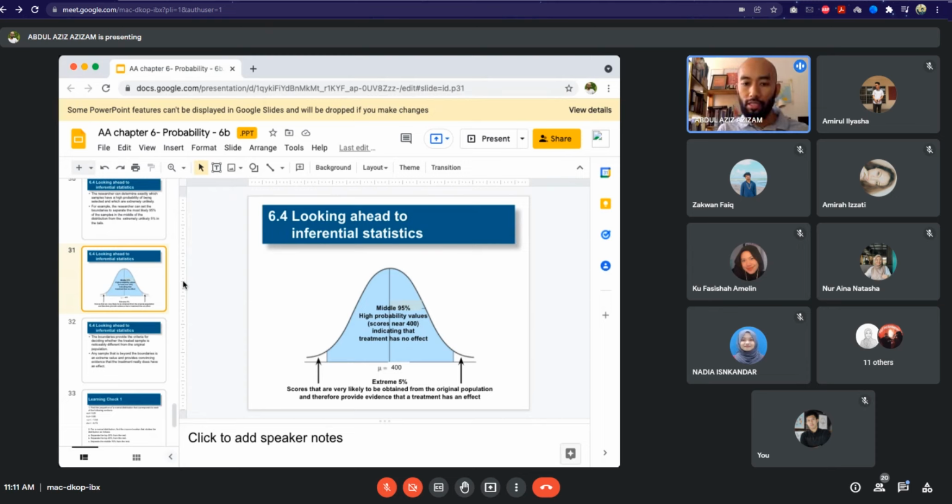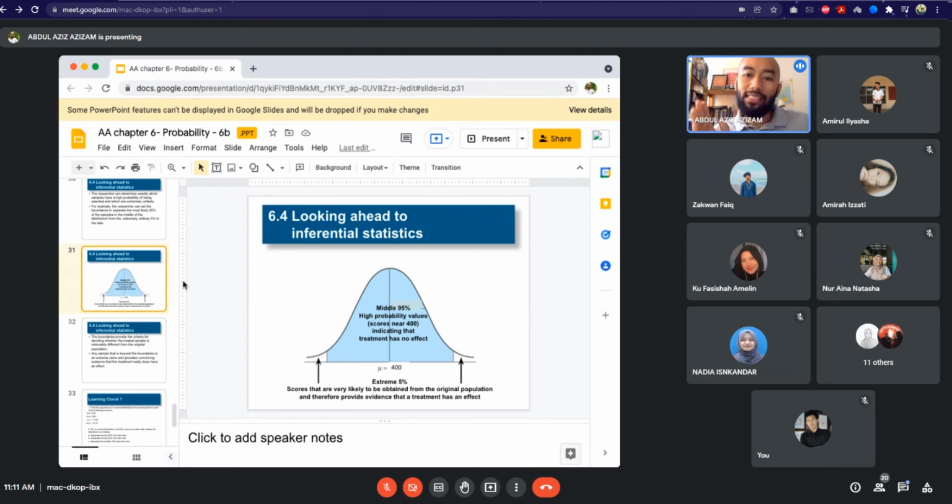So for the noticeable difference, kita boleh set sama ada kita nak tengok the majority, contohnya dalam image ni, 95% adalah shaded area.